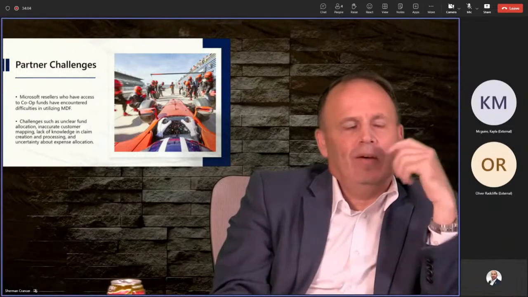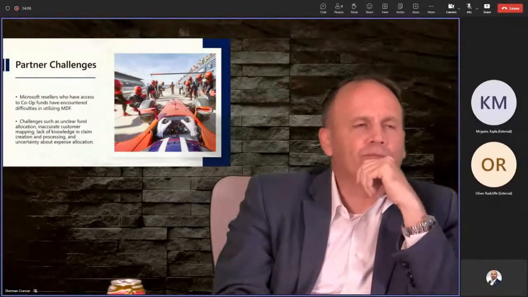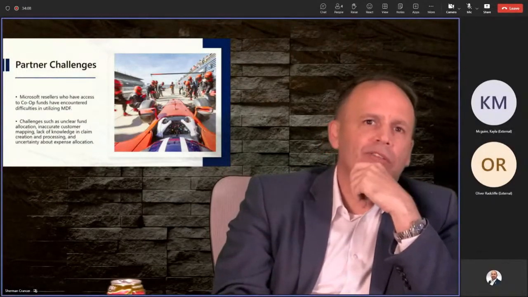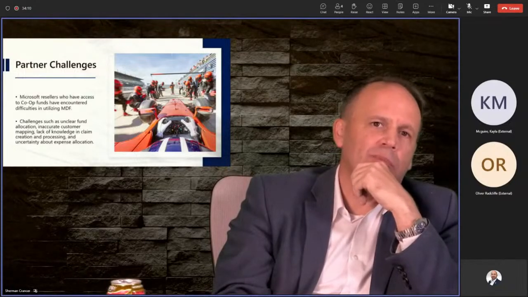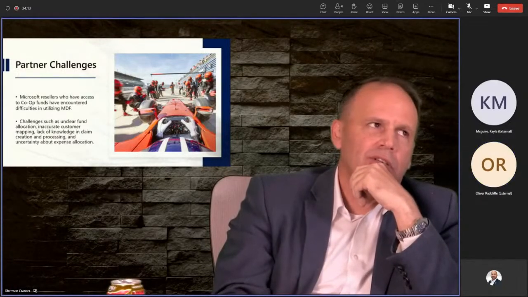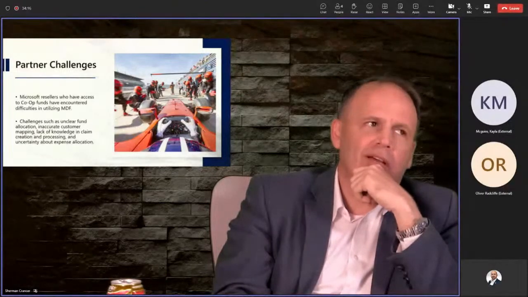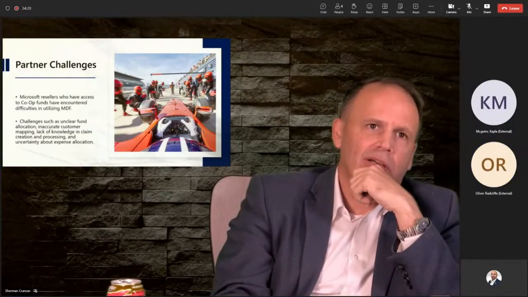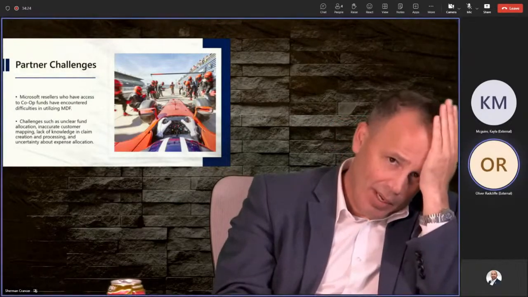We found last December, one partner had $162,000 in unprocessed funds. And then I said, hey, let's look back the last 3 years. It turned out they lost almost $1 million because they didn't spend it. Oh no, my goodness.